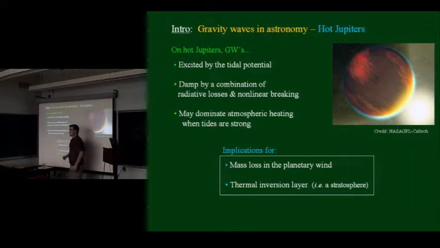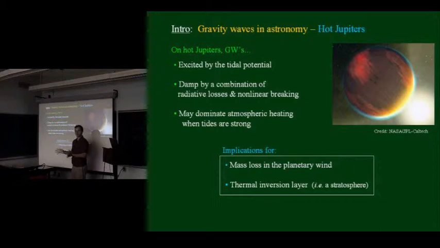And what hasn't been appreciated thus far is that these gravity waves may dominate the atmospheric heating when tides are strong. So either when the planets are very young and migrating in towards their parent star, during the first 10 to 7 years of its life, the eccentricity ought to damp out.